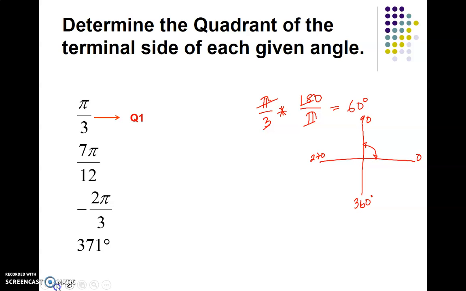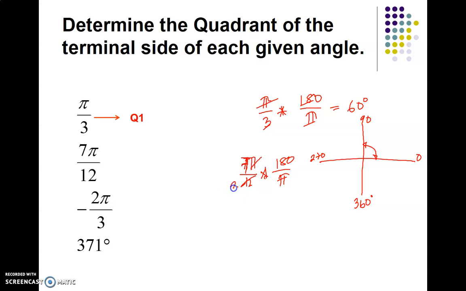How about 7 pi over 12? The same process. Convert it into degrees so that you will know the value in degrees. We have 7 pi over 12 times 180 over pi.